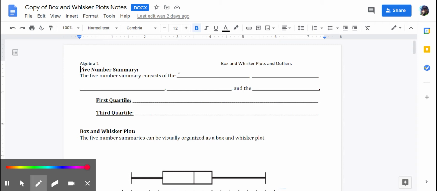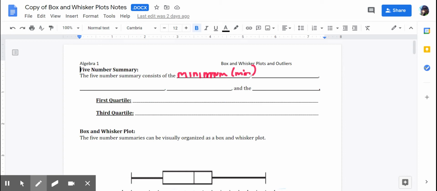So it's going to include the minimum, which in the calculator will be represented by MIN. It's going to be the first quartile, which in the calculator is represented by Q1.